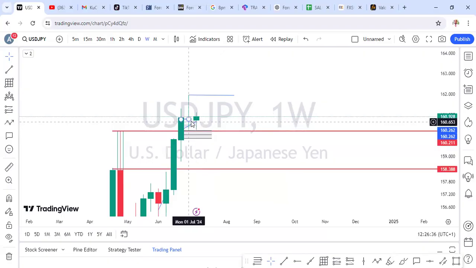So we have a bullish candle, we open where? We open below and close above. So price opens, and where price opens, what do we see? We see price in this format, the price is rejecting.